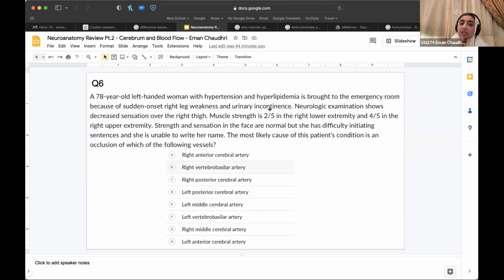And if the only information they give you is it's a left-handed woman and she has hemi-neglect, then you'll think, okay, the right is dominant, maybe the non-dominant is the left hemisphere. That's not a wrong answer, okay? So it does throw you off, yes, this will definitely throw you off. But when you see something like this, think about, okay, where is the hemiparesis? Where is the sensory loss?